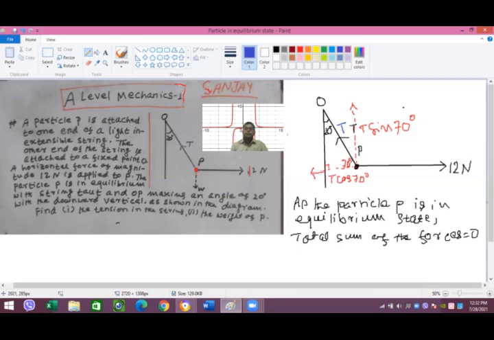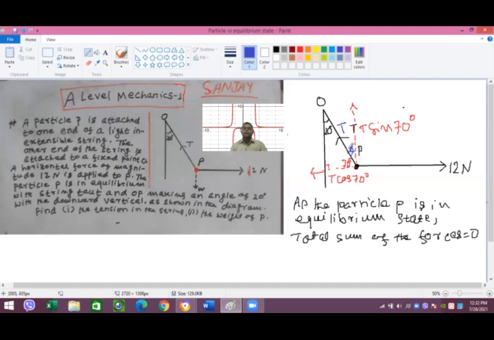In that case, if this is 70°, it's definitely going to be 20°, because this whole thing is 90°. Also by geometrical condition, you can see that these two angles are alternate angles between these two parallel lines. Therefore, this angle is 20°.